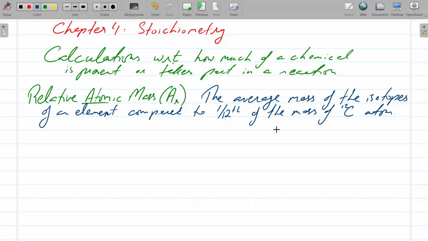Now, obviously, scientists used it as a benchmark, and we know that the mass of a carbon-12 atom is 12 units, atomic mass units, not 12 grams, but 12 atomic mass units. And so, what's 1/12 of 12?